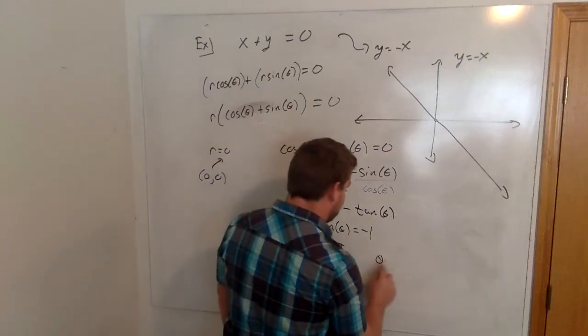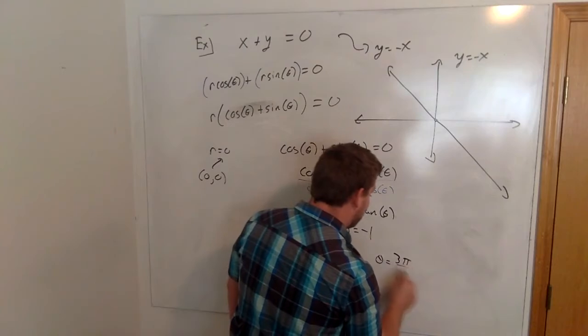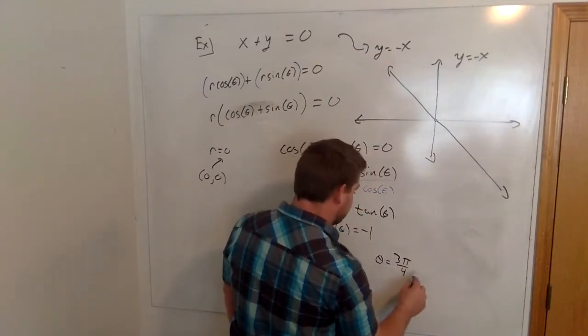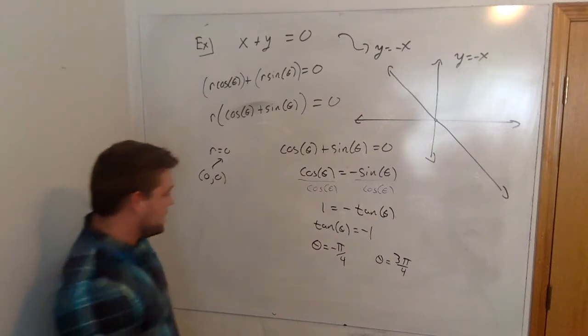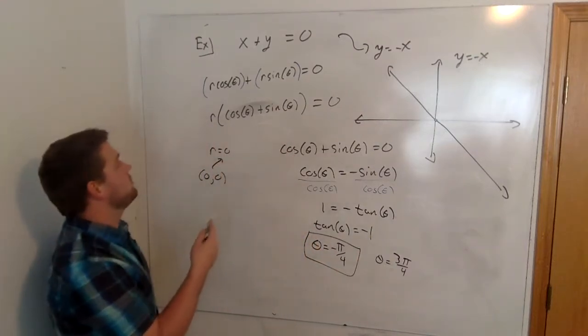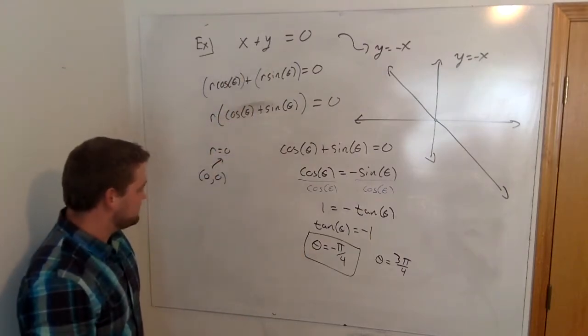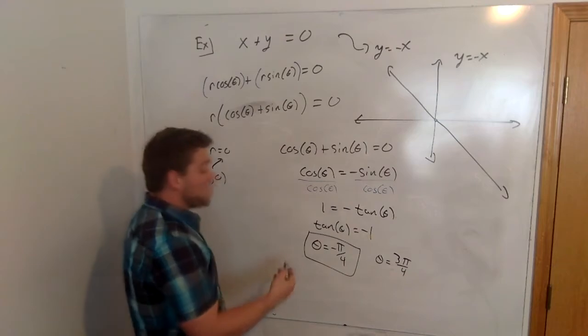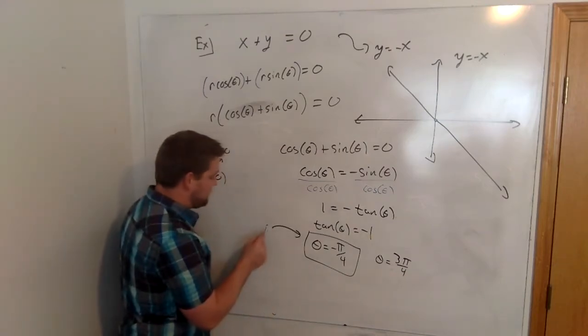Theta could also be 3 pi over 4, and you could just add multiples of pi to these. But let's just focus on this one. This is one representation for this equation in rectangular coordinates converted into polar coordinates. This is saying that regardless of the radius, notice this is independent.